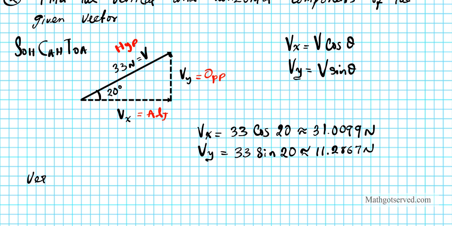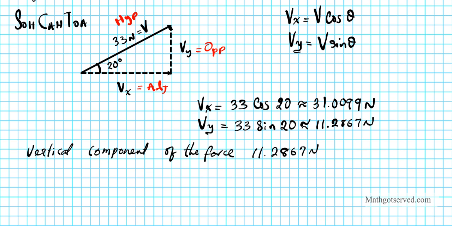Vertical component of the force is the force in the y direction. It's 11.2867 newtons. And then the horizontal component is the one along the x, right?